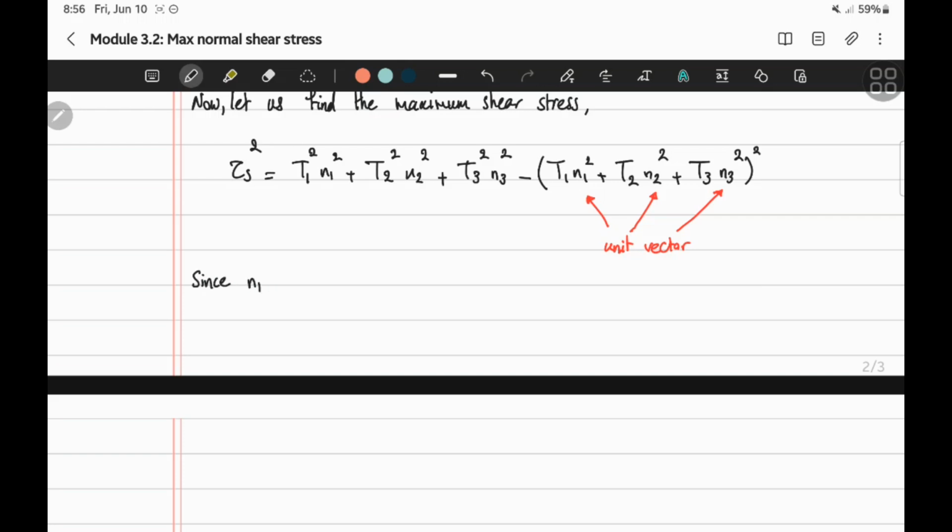Since n1, n2, and n3 are unit vectors, n1 squared plus n2 squared plus n3 squared is equal to 1. In mathematics, we call this a condition.